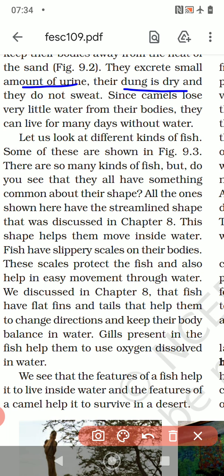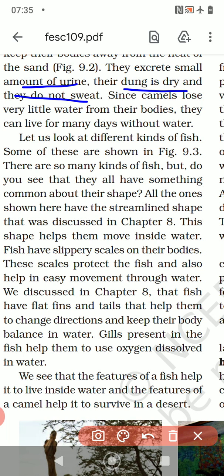This is point number 2. They do not sweat. If you don't have much space to write, you can write these as 3 points: they excrete a small amount of urine, their dung is dry, and they do not sweat.